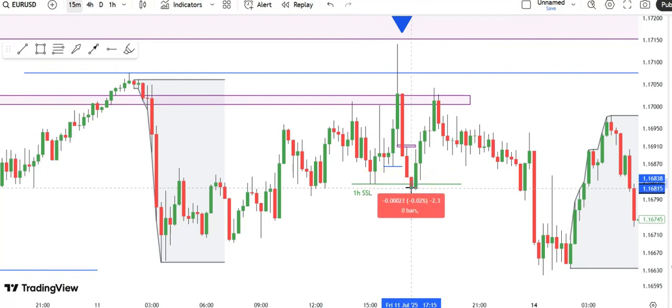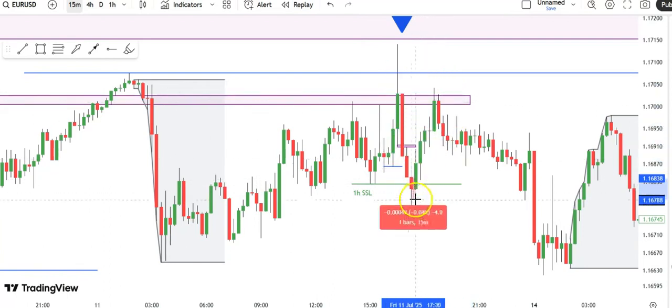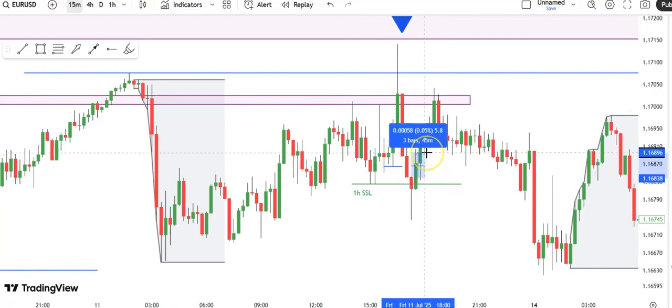This is a low probability setup, and you have to be really aware if you want to increase your win rate, if you want to hit more winning trades than losing trades, and you want to avoid those losing trades, low probability setups. You need to be really aware of the 15 minute time frame and the 1 hour time frame when you're trading this combo here.